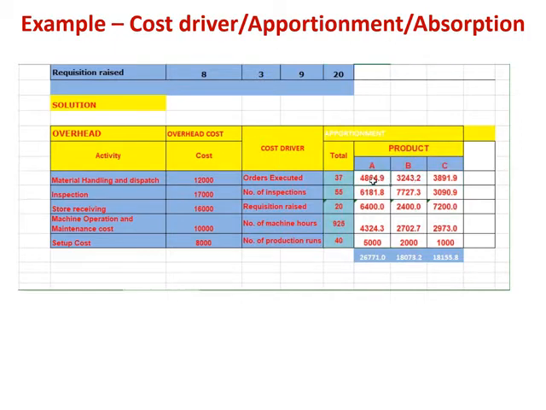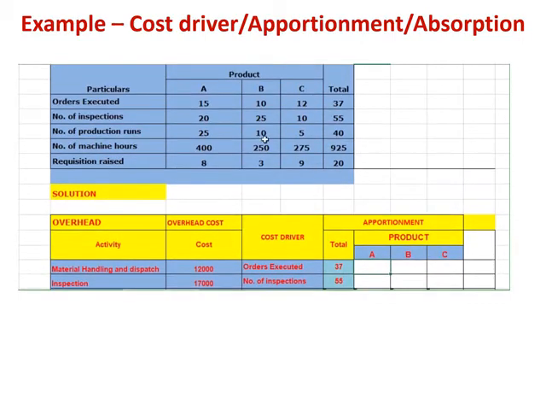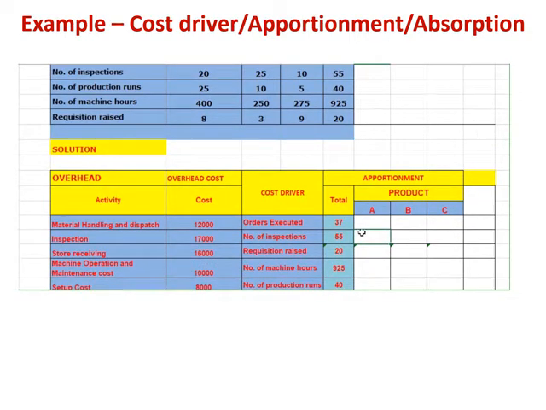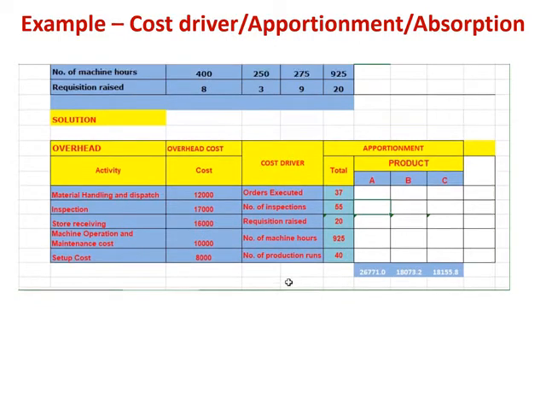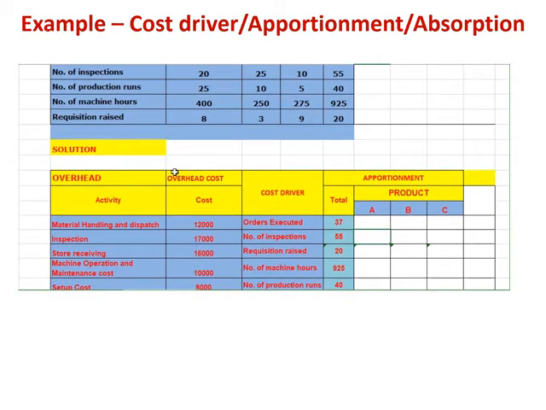Now how to find this? You have to do the apportioning. I will show you how to do the apportioning. This 4864 is got like this. To find this cost, it is orders executed.